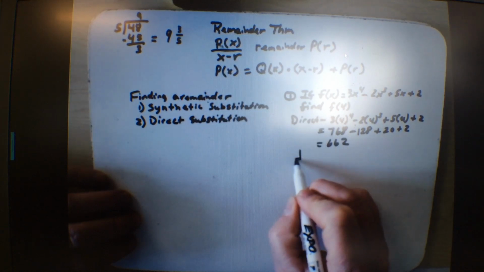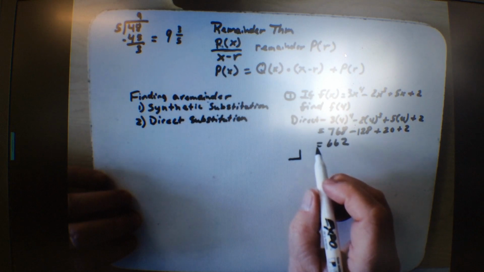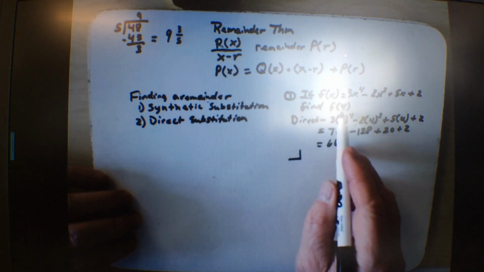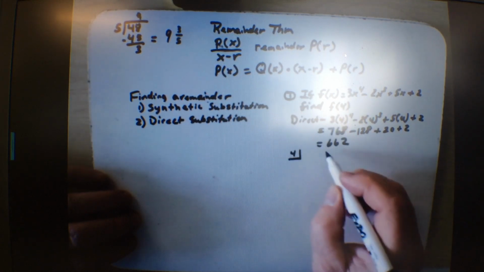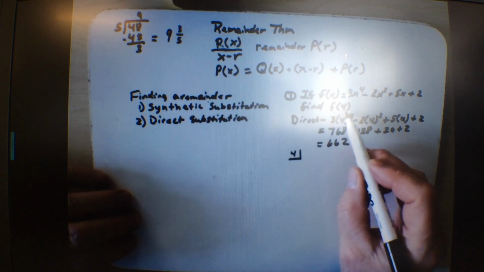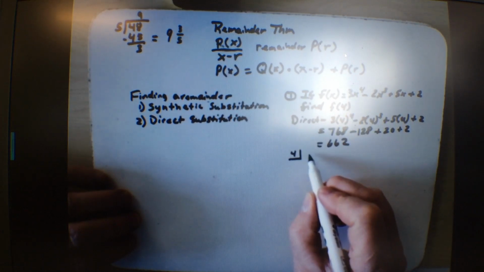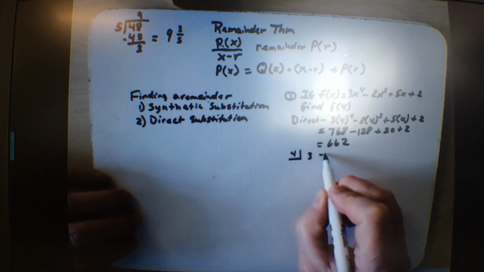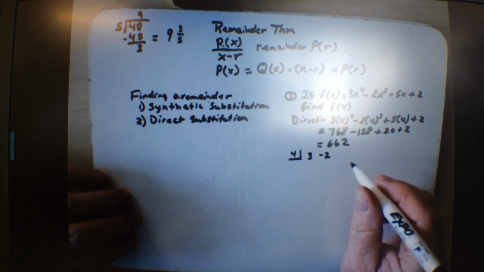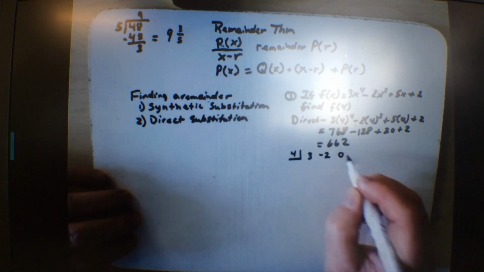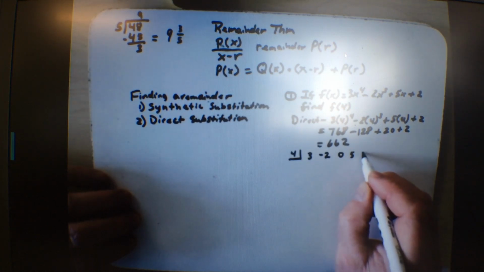Now I'm going to do synthetic substitution, all right? So what do I put in the box? 4. I put in 4 because I'm finding f of 4, all right? And so I do 3, negative 2, and Harper's right, we don't have an x squared, so we're going to put a 0 in. 5, 2.